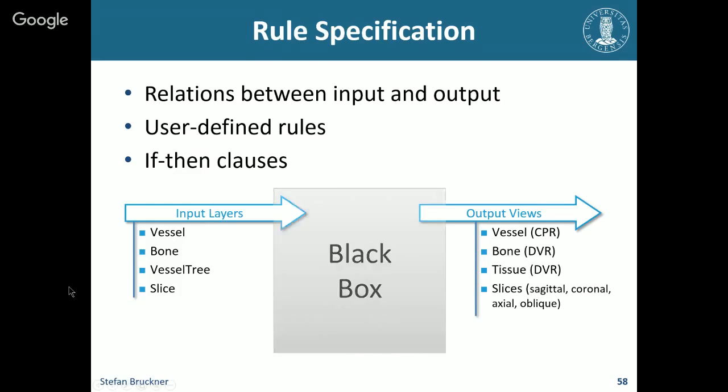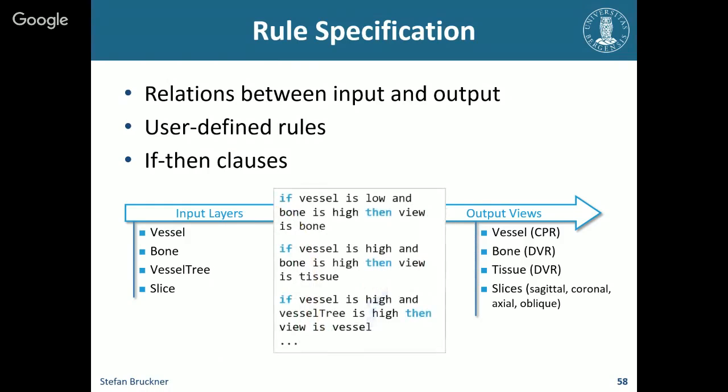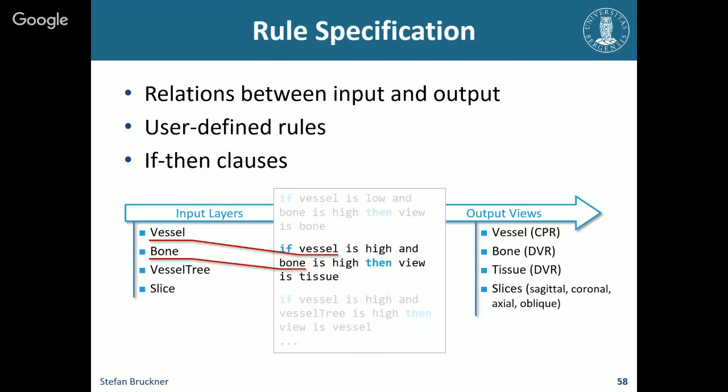So our choice was to use a simple human readable rule base where we actually specify this in rather easily understandable if-then rules, and then evaluate these rules using a fuzzy inference system. So basically, these vessel layers that we define are fuzzy set membership functions.